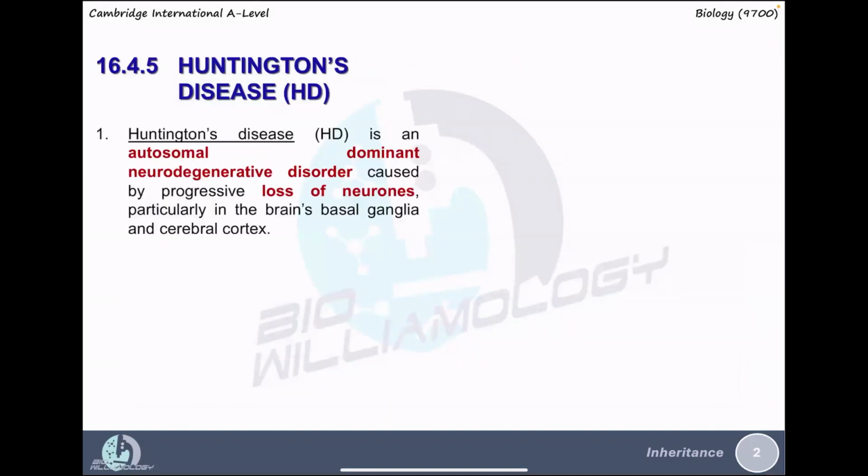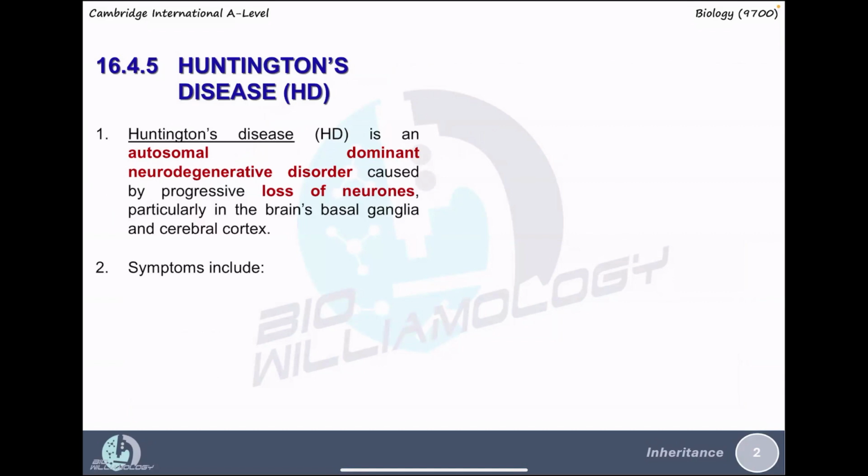Huntington disease is an autosomal dominant neurodegenerative disorder caused by progressive loss of neurons, particularly in the brain basal ganglia and cerebral cortex. So what are the symptoms?